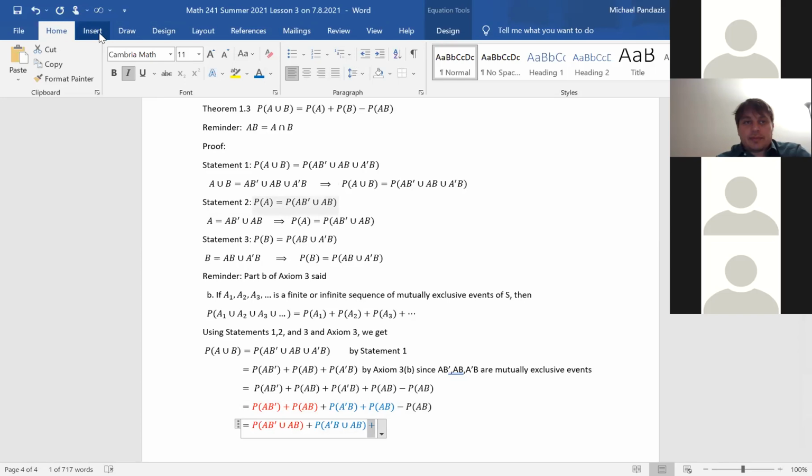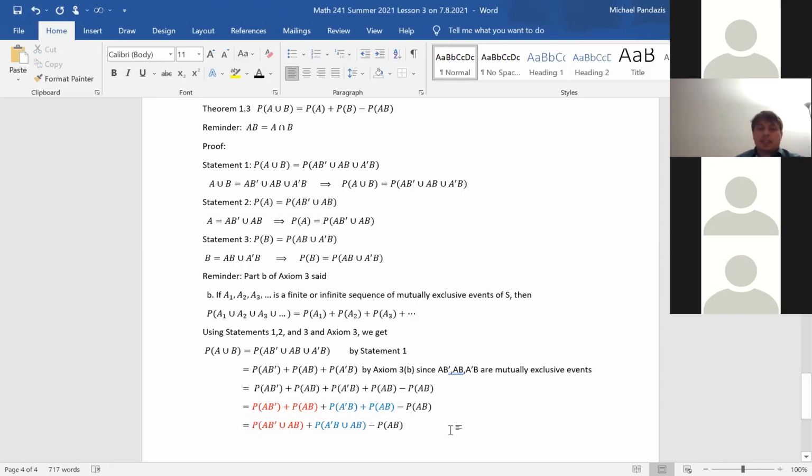And so then it's minus P of AB, right? And so this is by axiom 3, part B, because events are mutually exclusive.